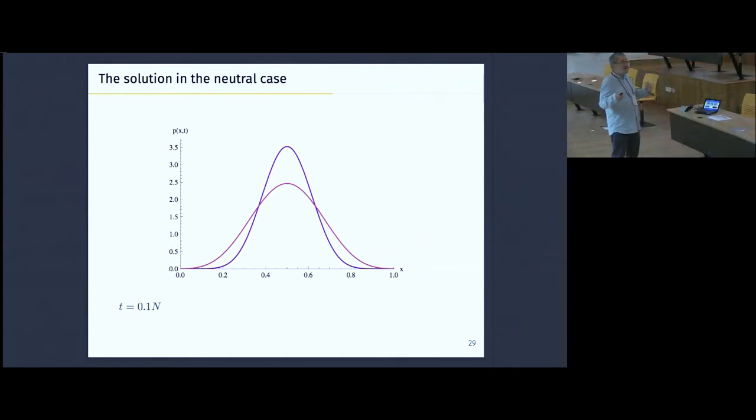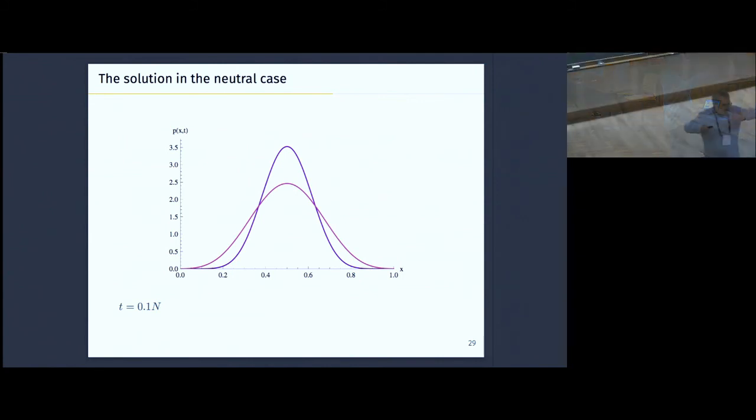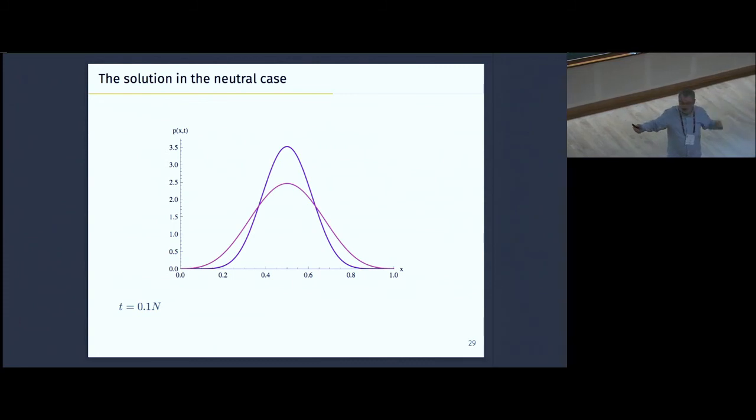Why? At the beginning, the integral was 1. Now the integral is less than 1. Why? Because some of them got extinct, and some of them got fixated, and this will be represented by a delta function that I didn't want to represent here. So the area goes down because the extremes get more and more populated.